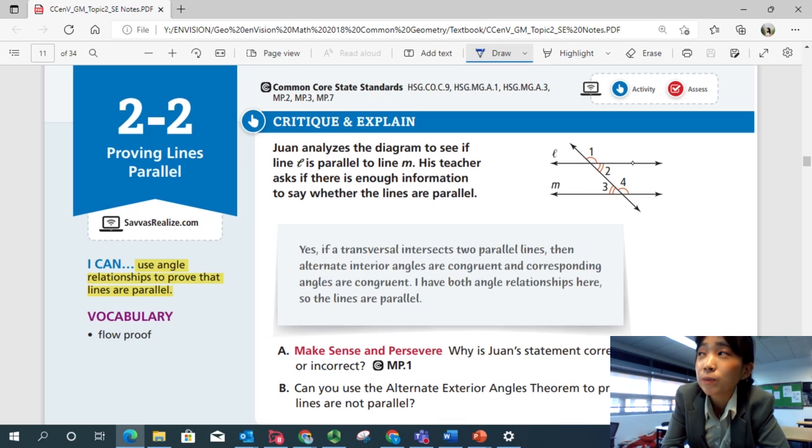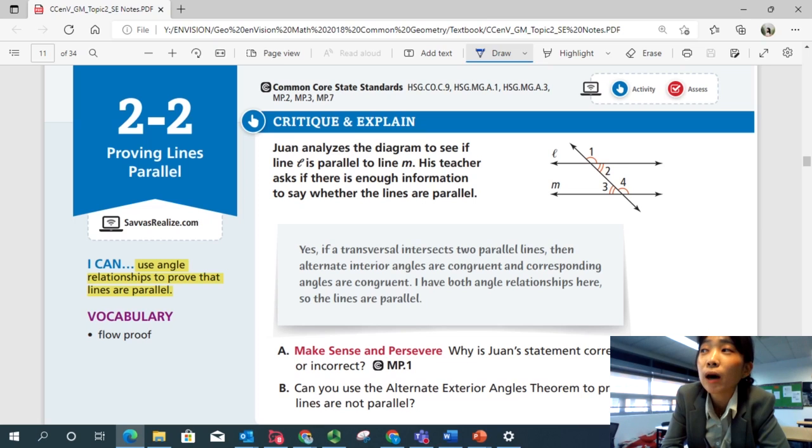In order for corresponding angles to be congruent, you need to have two parallel lines and a transversal that goes through those two parallel lines as well. So we can say, yes, if a transversal intersects two parallel lines, then alternate interior angles are congruent and corresponding angles are congruent. We have both angle relationships here, so the lines are parallel.